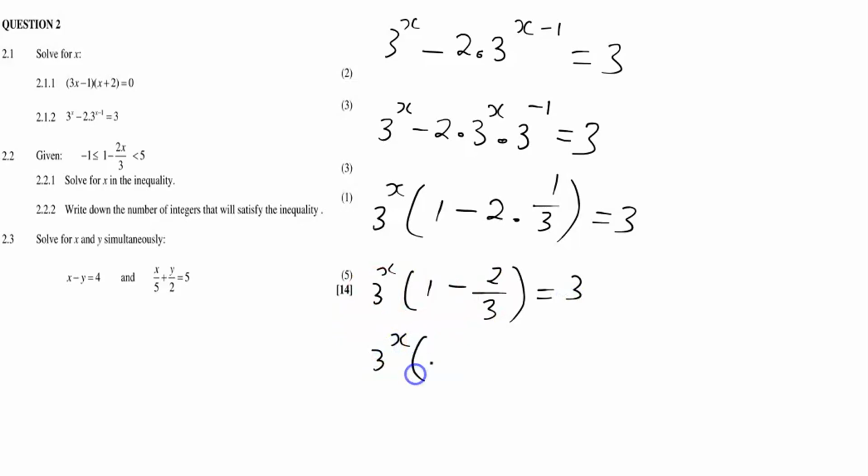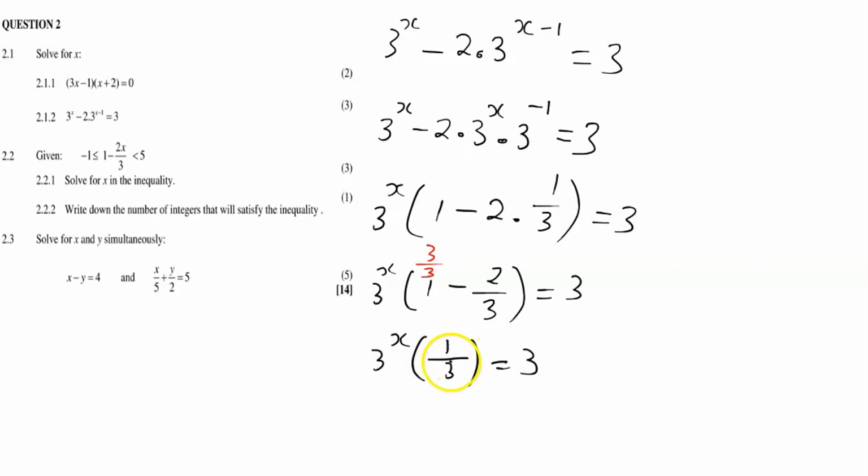And then we've got 3 power x into, now we deal with this one. We know that when we deal with that one, we are going to find that this one is going to be 3 over 3, and then it's 3 minus 2, because we just want the denominators to be the same, so that we simply add or subtract the numerators. 3 minus 2 is 1, so let me write 1 over, the denominator is 3, so 1 over 3, and all that is equal to 3.